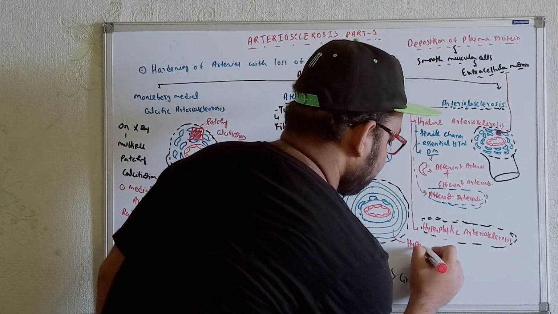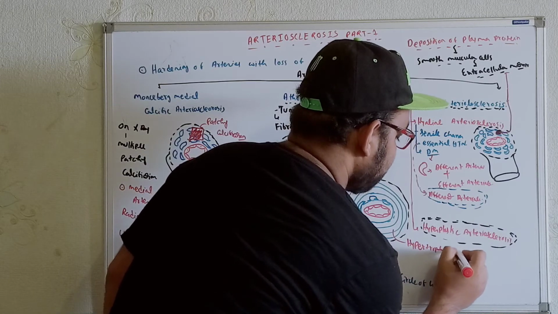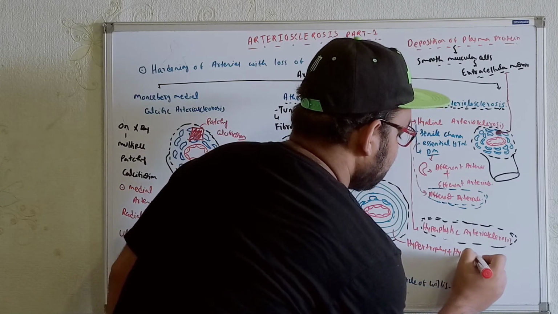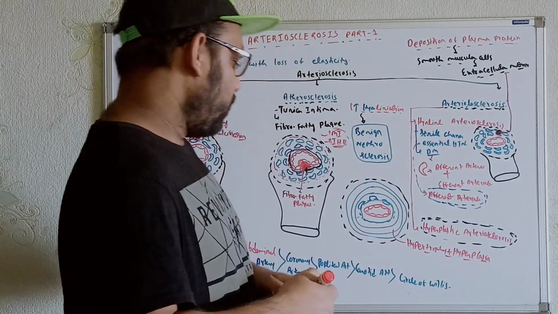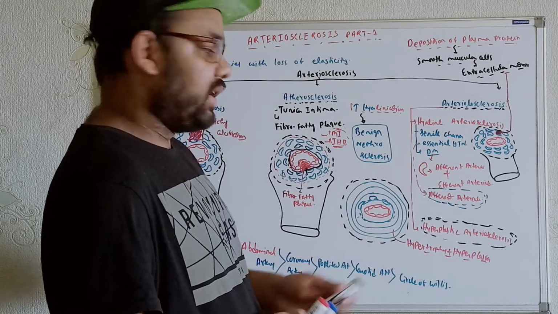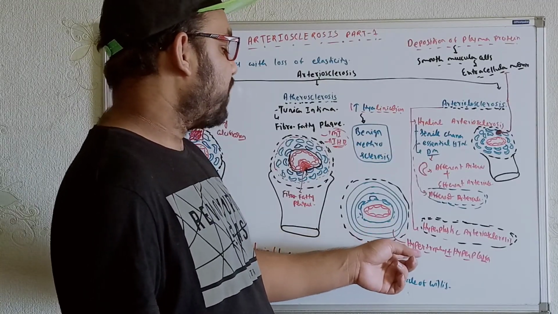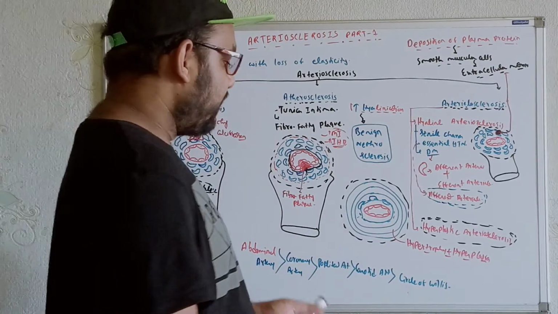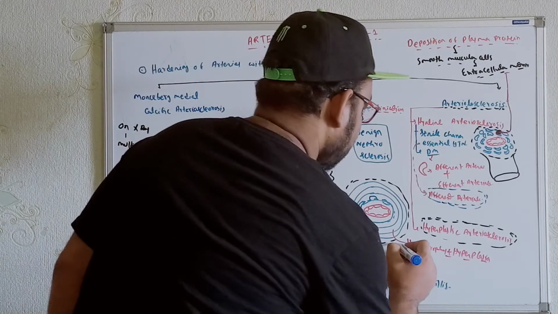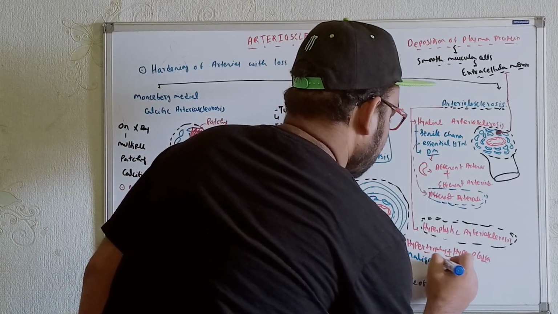Hypertrophy plus hyperplasia. We'll get the hypertrophy plus hyperplasia within the smooth muscle layer. And where can we get this type of development? In malignant hypertension.